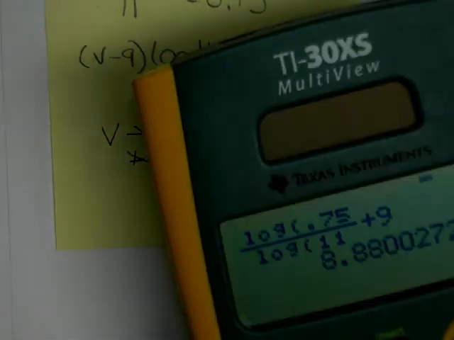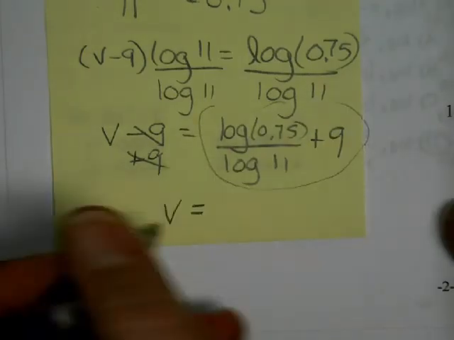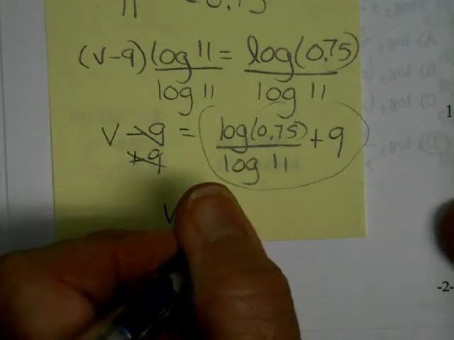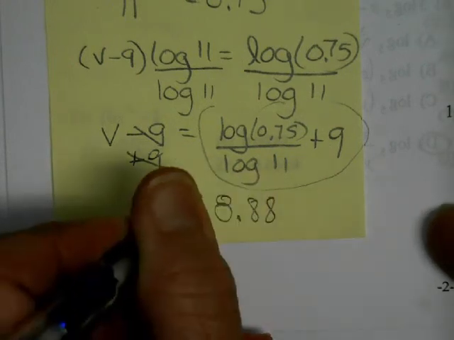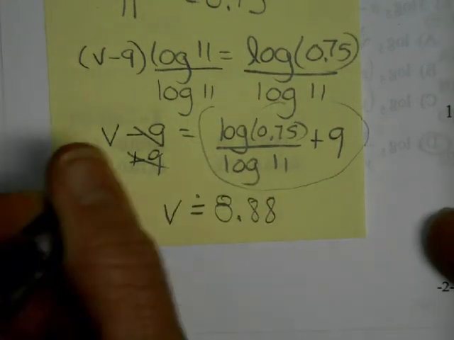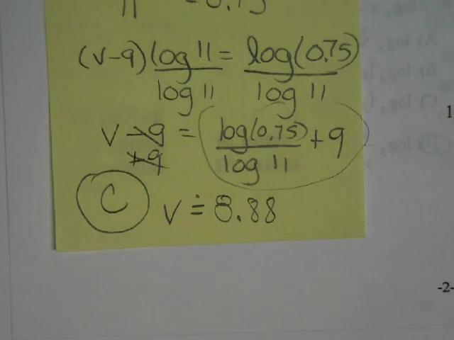Who knows what it's going to shake out to be? I got 8.8800, so that's C. C for number 13.